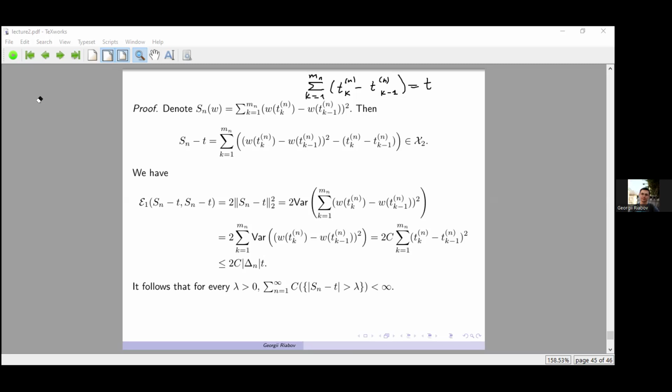Moreover, if we take outside t_{n,k} minus t_{n,k-1}, then in brackets we will have W(t_{n,k}) minus W(t_{n,k-1}) divided by the root of t_{n,k} minus t_{n,k-1}, squared, minus 1.